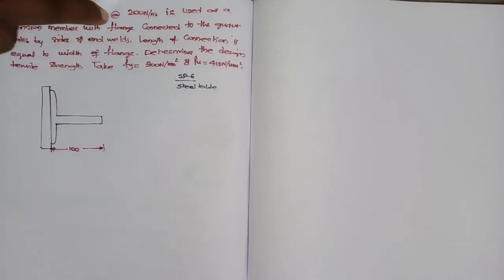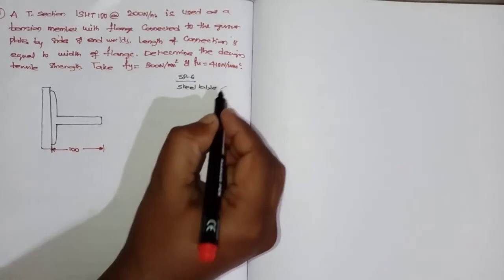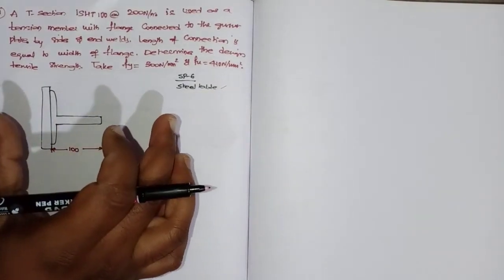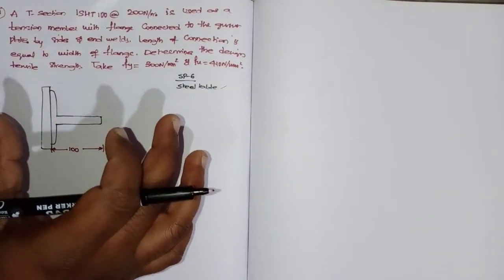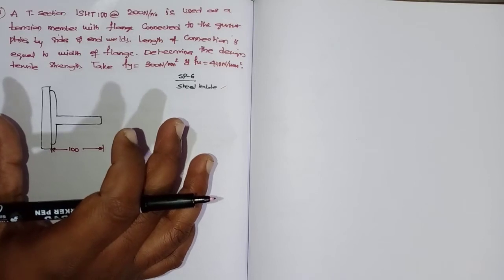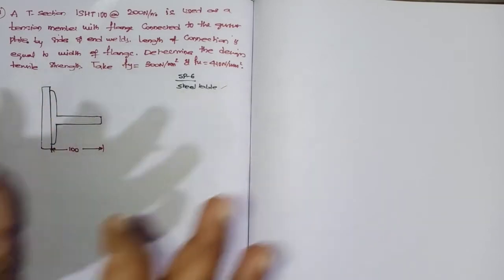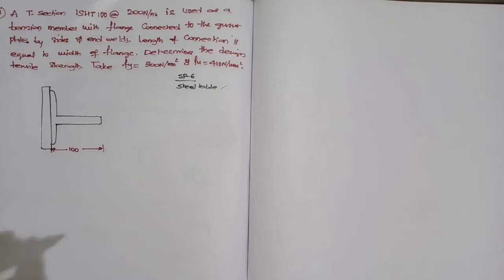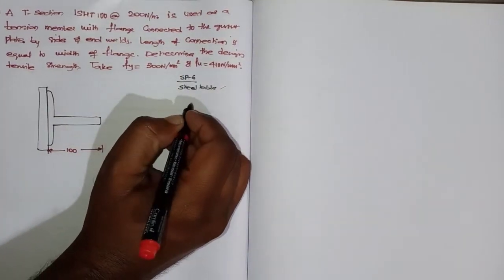Now ISHT 100 at the rate of 200 Newton per meter, from the steel table. Sorry, I do not have the steel table with me at present, but I will try to place it here, so you can search.